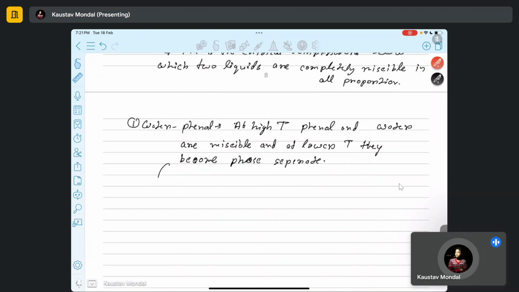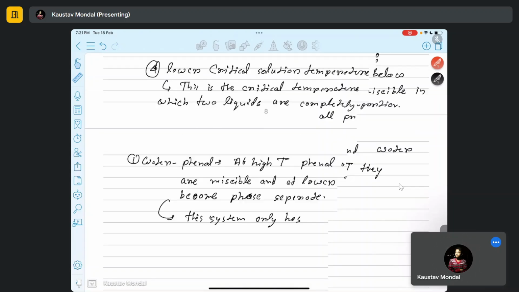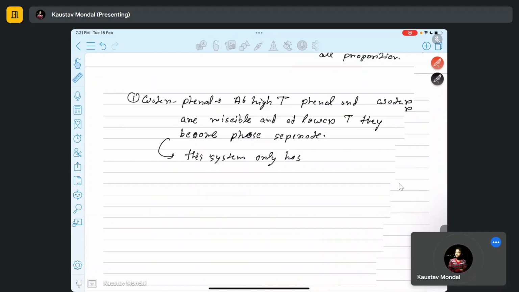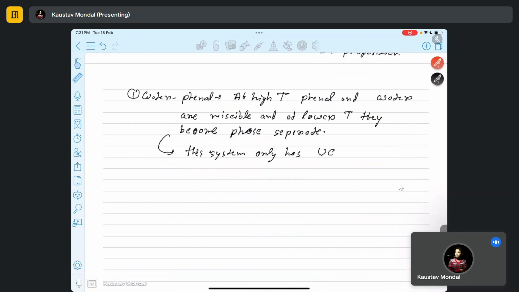So this simply implies that this system only has, let's call this UCST and this LCST, lower critical and upper critical. It only has UCST, the upper critical solution temperature.